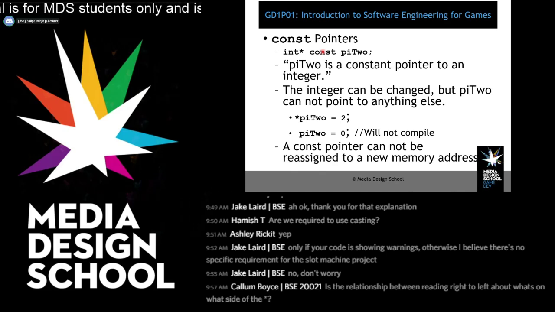Okay, so what is Callum saying? Is the relationship between reading right to left about what's on what side of the asterisk? Yeah, it is. So that's the reason I'm asking you. It's easier if you read it from right to left, because in that case, you can clearly understand the meaning of that pointer declaration.